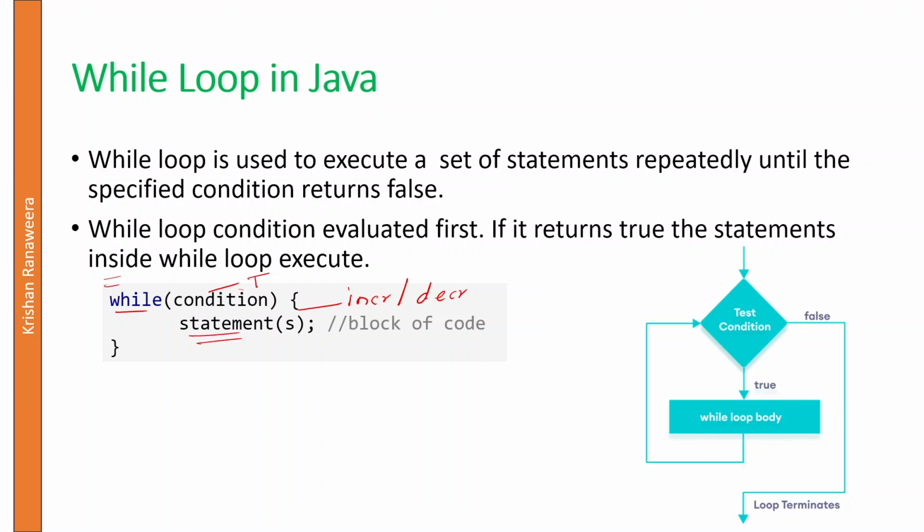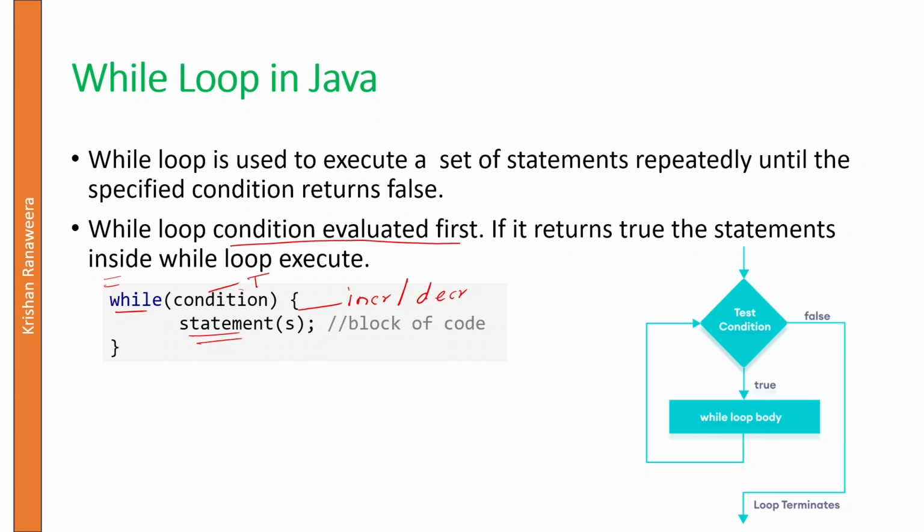So when it comes to a while loop, the condition is evaluated first. If it returns true, the statements inside the while loop execute. For example, think we have a for loop and a while loop. We use a for loop most of the time when we know how many times we are going to execute.